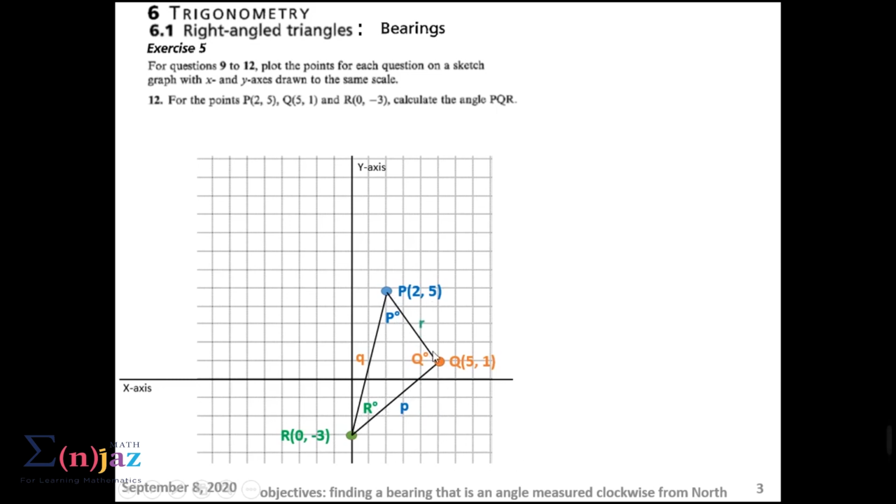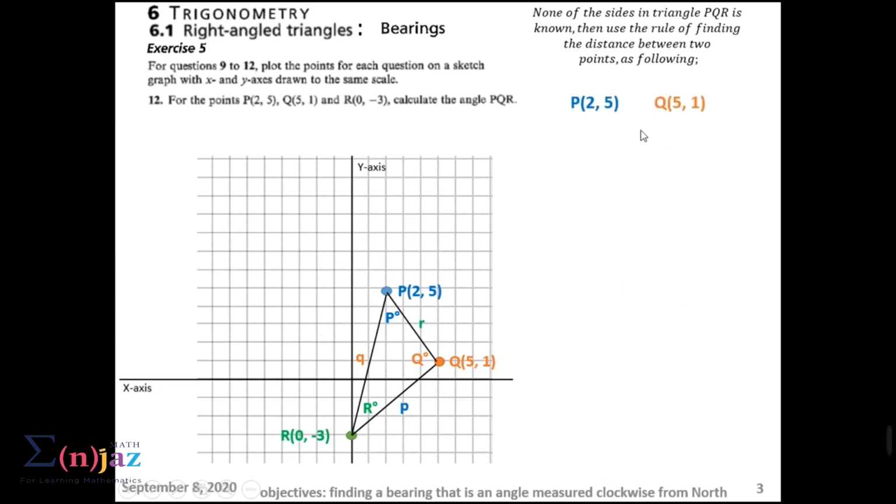Now, none of the angles and none of the sides are known. So we need to use old information that we know, which is finding the distance between 2 points. Let me remind you about this skill. None of the sides in triangle PQR is known, then use the rule of finding the distance between 2 points as following.